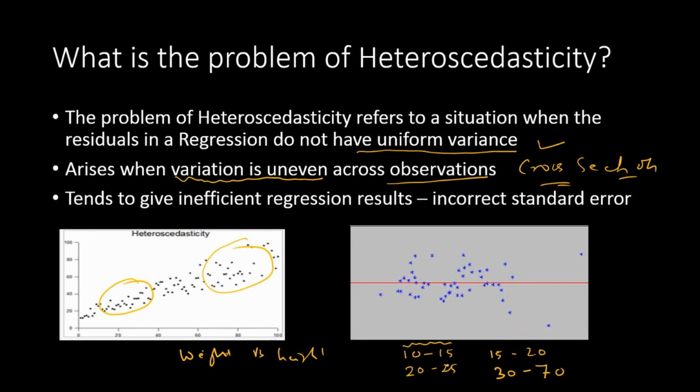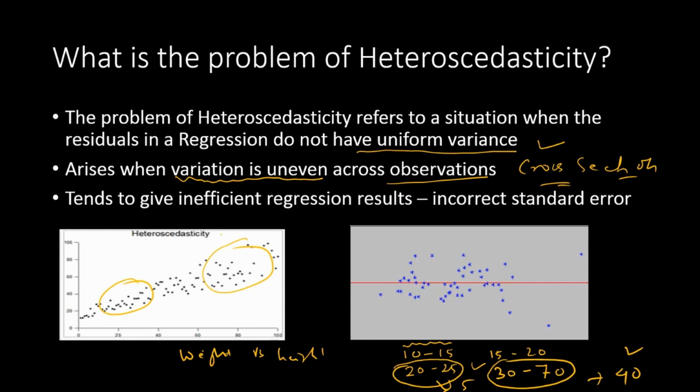There is a 5 years difference between the ages, but if you take the weight of the children, the variation is a lot more. In one case the variation is only 5, in the other case it's 40. So that means there is uneven variation in the observations. These are typical cases where heteroscedasticity happens, and it's primarily a case of cross section data.